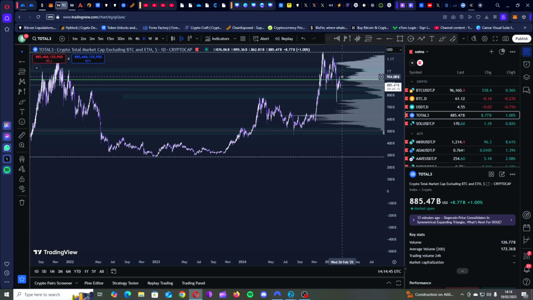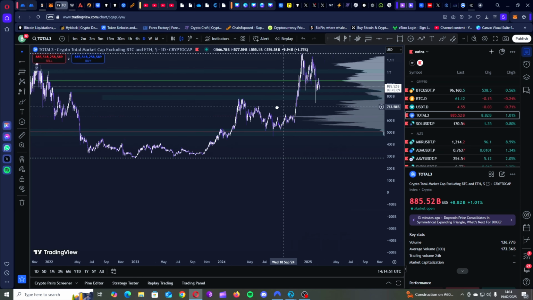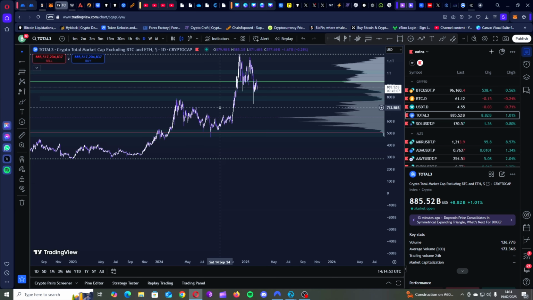Structure's looking very, very similar. That's all I'm going to say. Structure is looking very, very similar with some of these, you know, with total 3, USDT dominance and BTC dominance. Structure's looking rather similar.